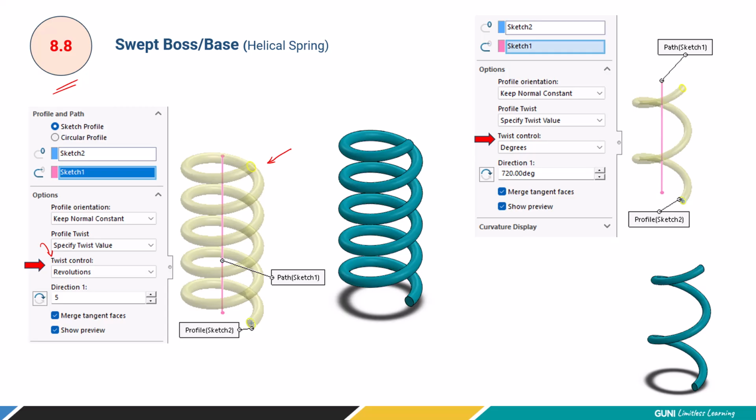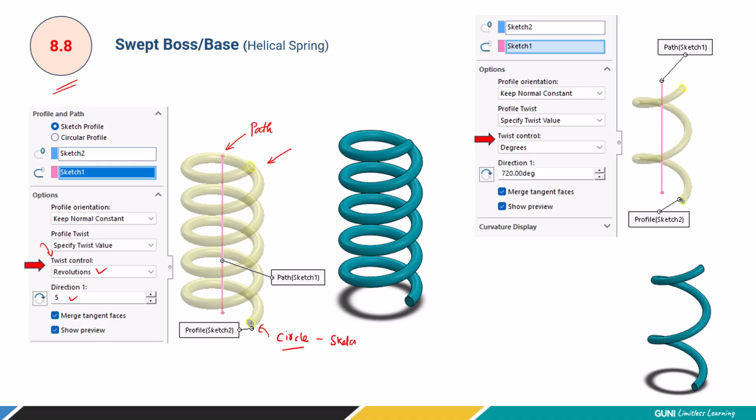Here there are two outcomes. For this, I need to create a straight line which works as a path, and I will draw a circle which works as a sketch. So as I sweep along, I will twist the profile by revolution, and I'll give 5 revolutions.